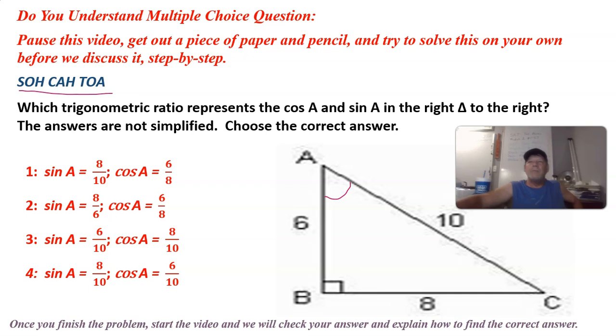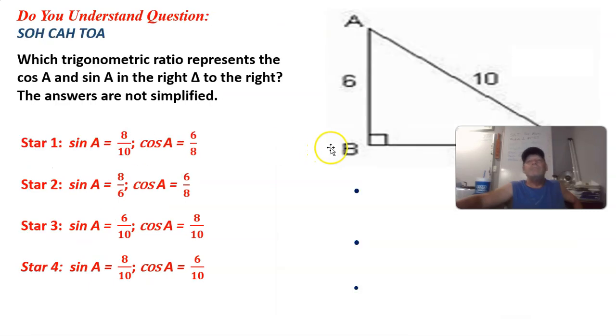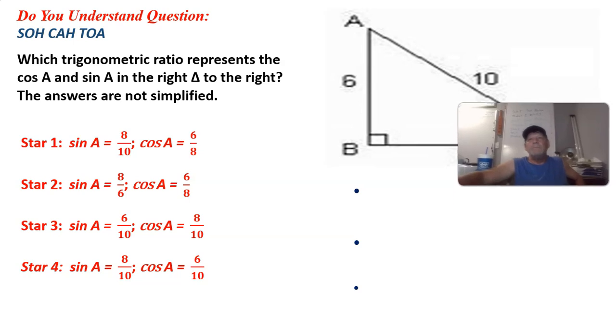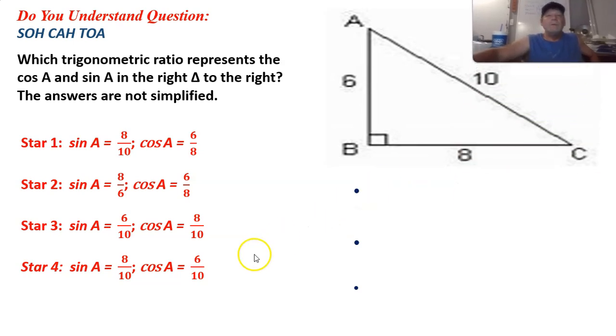So let's work this problem now. Which trig ratio represents the cosine of A and the sine of A in this right triangle? All right.